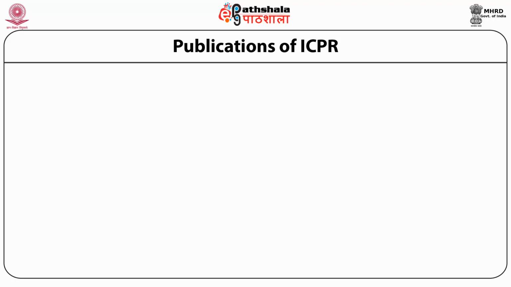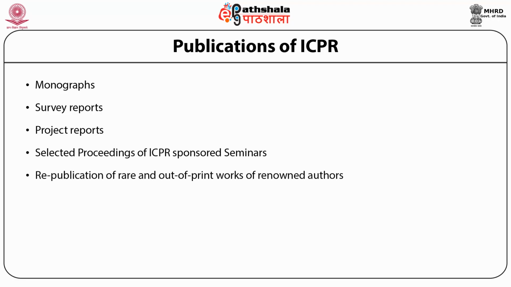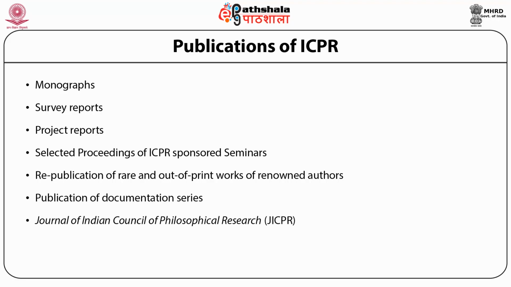Publication programs of ICPR include monographs, survey reports, project reports, selected proceedings of ICPR sponsored seminars, republication of rare and out of print works of renowned authors, publication of documentation series, Journal of Indian Council of Philosophical Research (JICPR), and author and subject index of the JICPR.